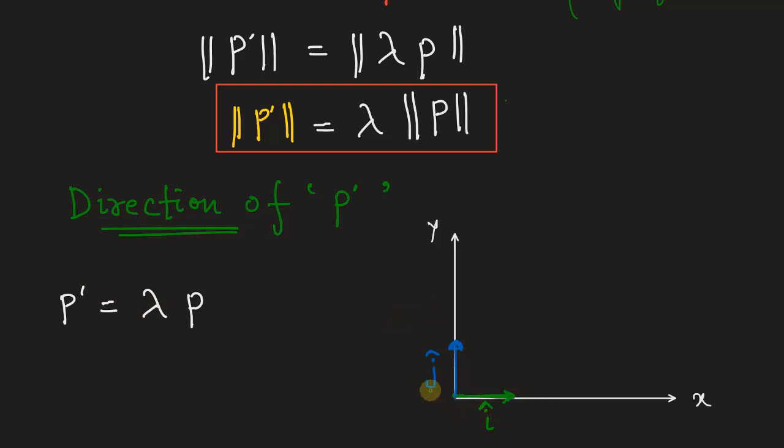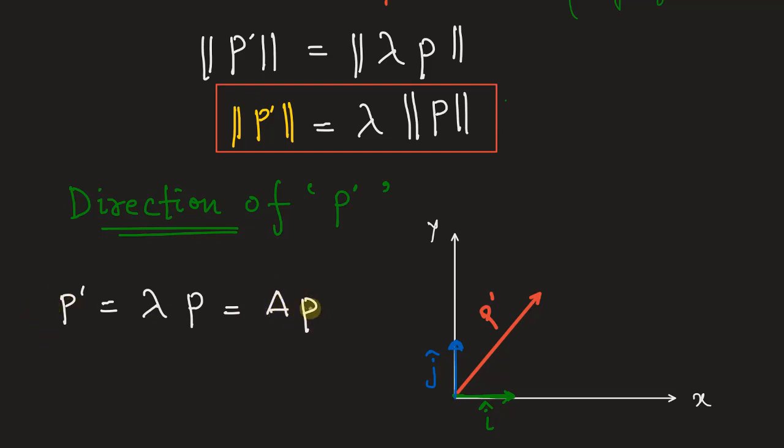Now here i hat and j hat represent the unit vector in x and y direction respectively. Now let's suppose there is a vector P prime on this 2D plane. Since we know that lambda is the eigenvalue and P is the eigenvector of matrix A, this P prime is also equal to A into P. Now after linear transformation, when we multiply A with P, we get P prime.